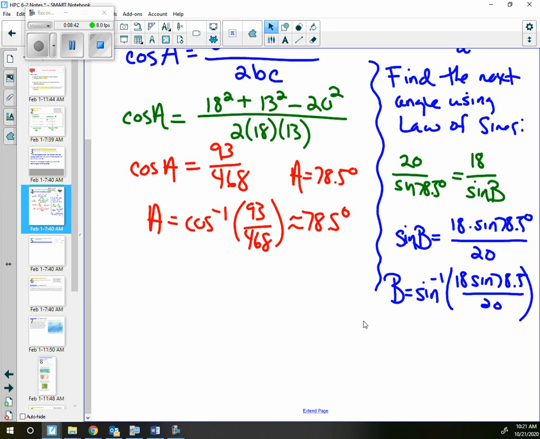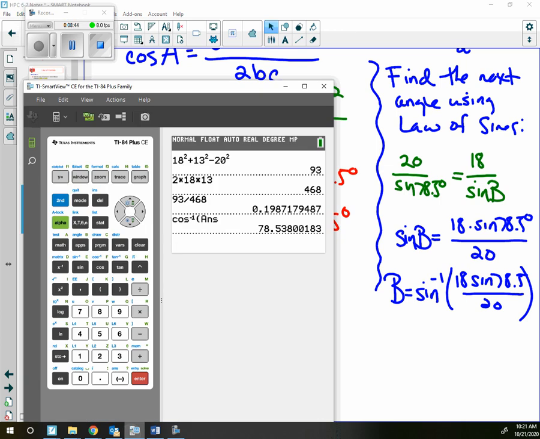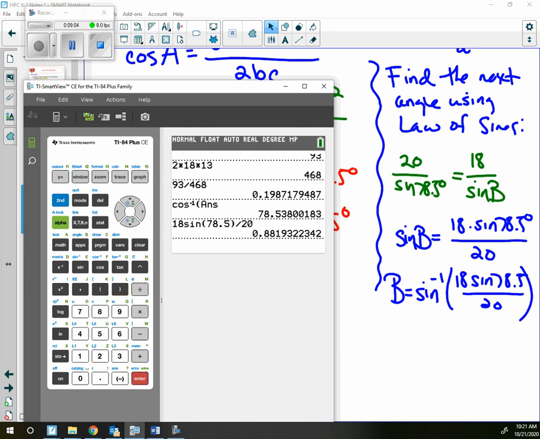I like to do it all in one step, starting with inverse sine. If you want to do it in pieces, you can do that too. So 18 times the sine of 78.5, remember to finish off that parenthesis, and then divided by 20. Then I take the inverse sine of my answer.